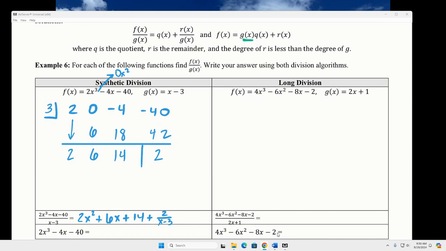So anyway, we're going to take g, which was x minus 3, we're going to multiply it by q, which was what we had right there. And then we're going to add the remainder to it. So it's really the same algorithm, but this one, if we multiply 3 by g, it gives you that one.